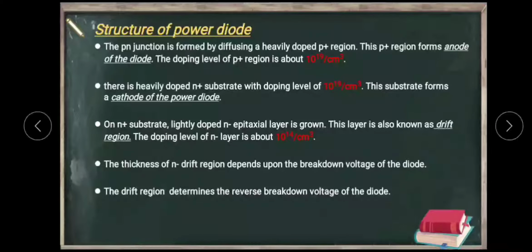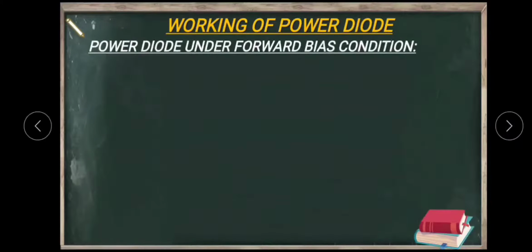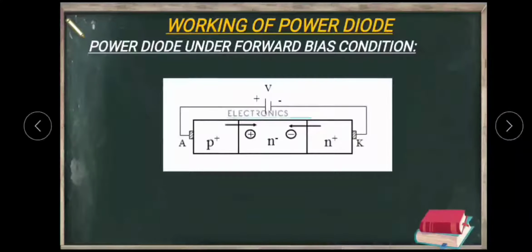As we know, we can bias this diode in two different manners. One we say to be the forward bias condition, the second one the reverse bias condition. So what is this forward bias condition?